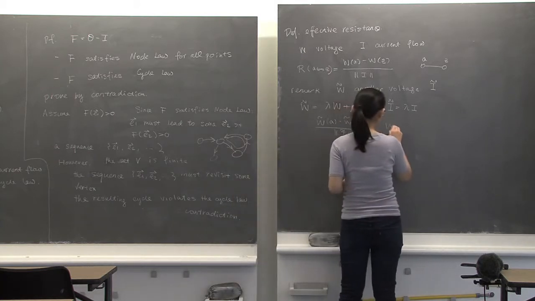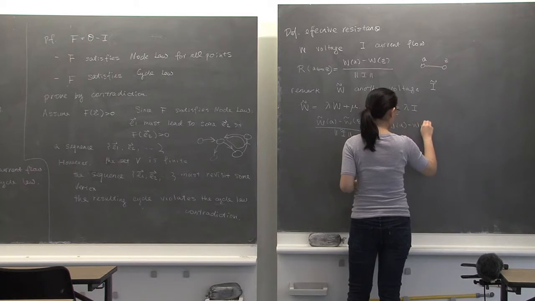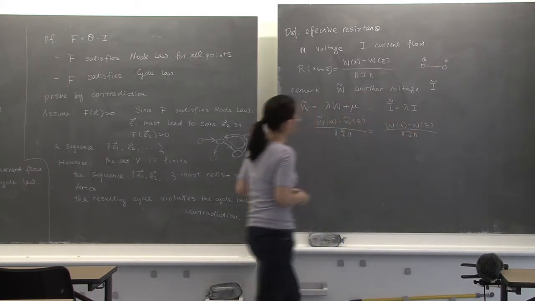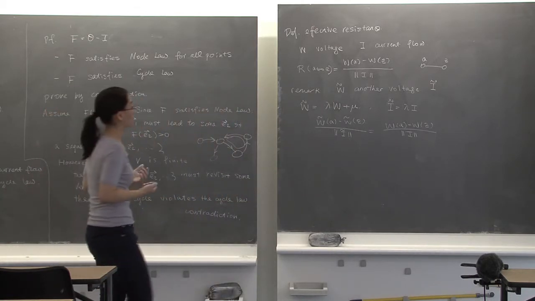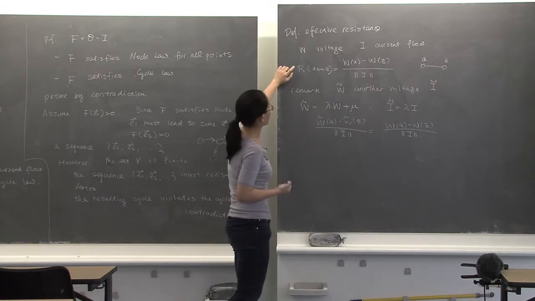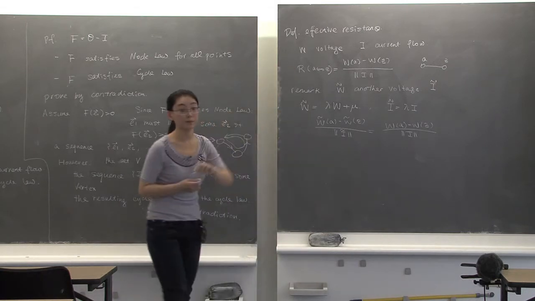So it is exactly the same as W normalized by the strength of the current flow. So here we have shown that the effective resistance is well defined.